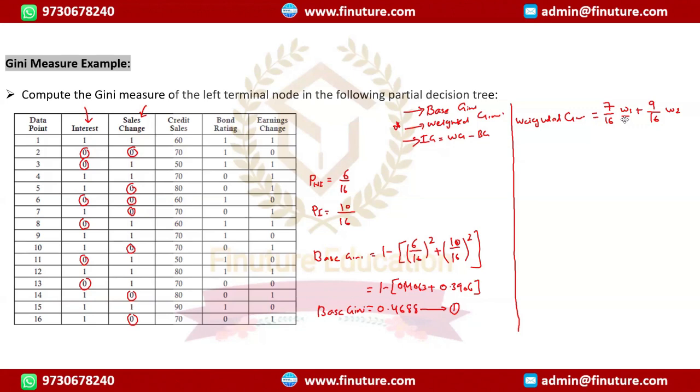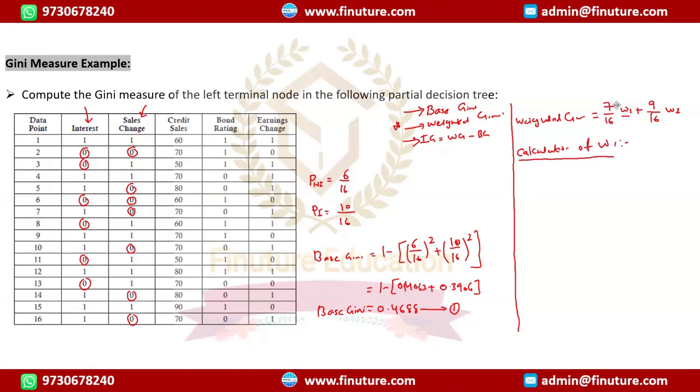So for this case, let me now write the calculation, because from the book you may not follow this; this is a simple way. Calculation of W1, which I have to substitute to calculate the weighted Gini. Once I have the weighted Gini, I take the difference between these two to get the information gain. So how will you calculate W1?